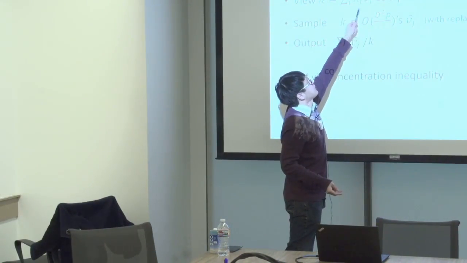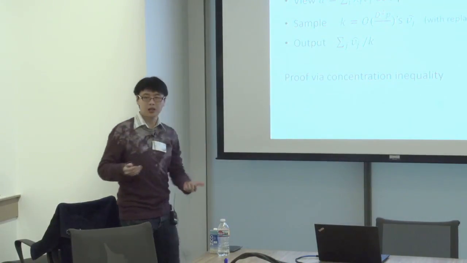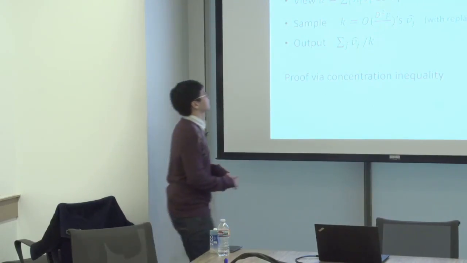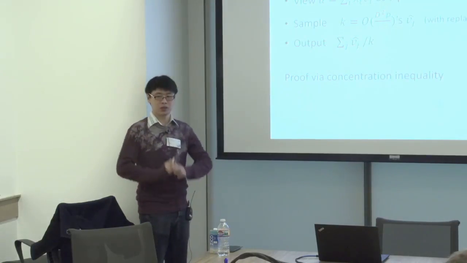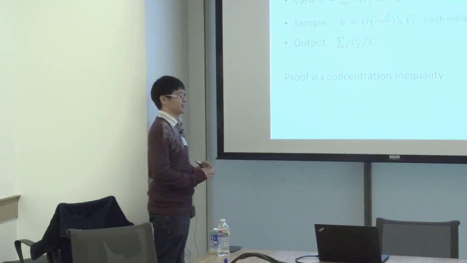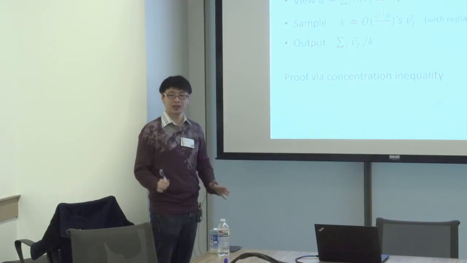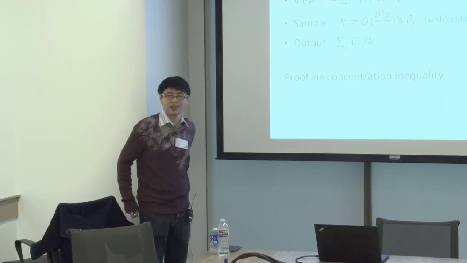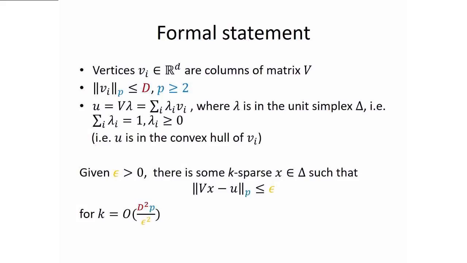You pick a vertex Vi with probability lambda i, and you keep doing it for some number of steps. So you have this many samples, and that's it. You just output the average of it, and it clearly matches our target in expectation, and you can prove using some concentration inequality that it is sufficiently good to satisfy our requirement.